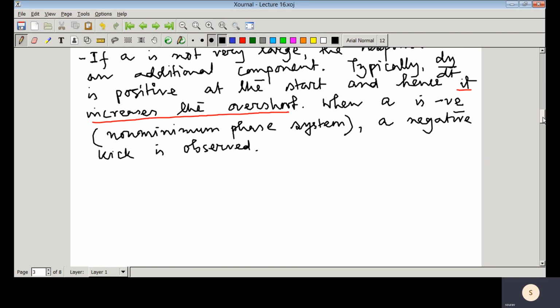So a negative kick observed means it is like that. This is the time axis and this is y(t). Suppose you have applied a step input here. Whenever you have a 0 on the right half of the S-plane, the response becomes like that.